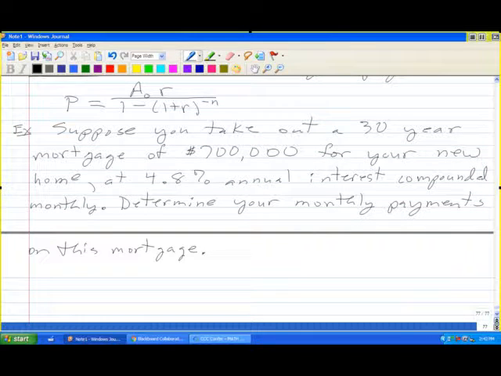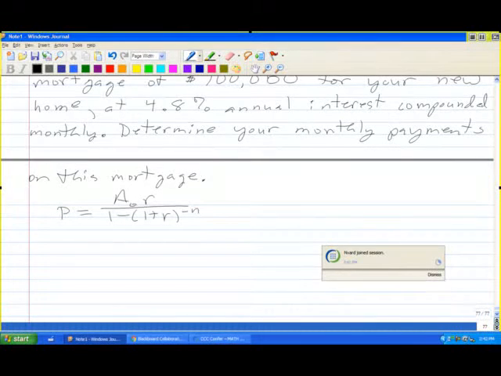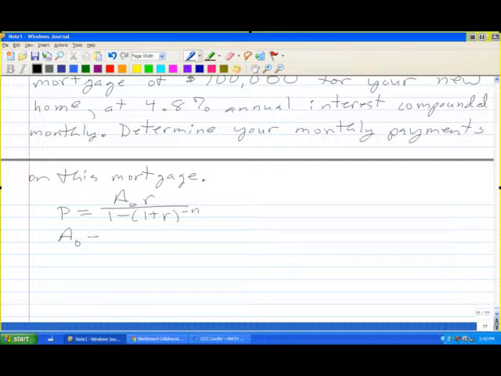So I have P equals A0 R over 1 minus (1 plus R) to the negative N. Here, A sub 0 is 700,000.